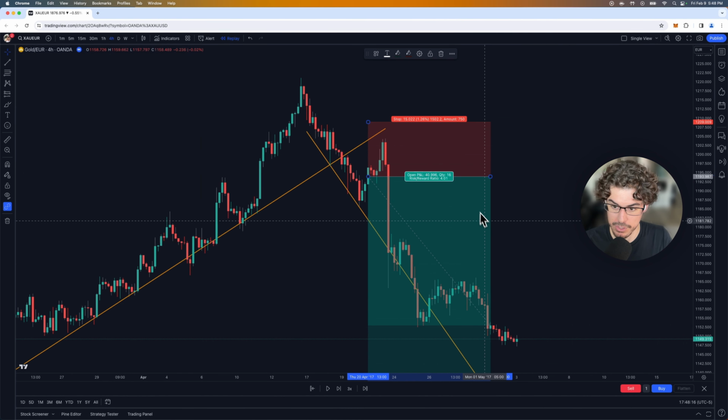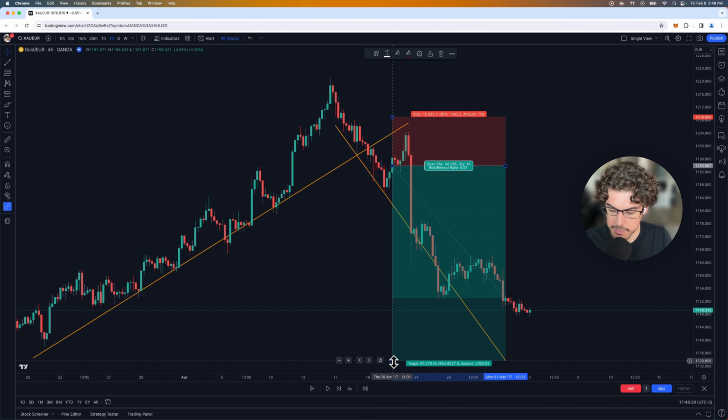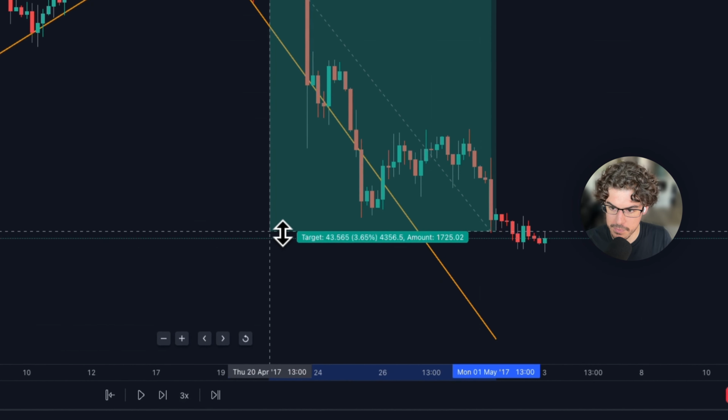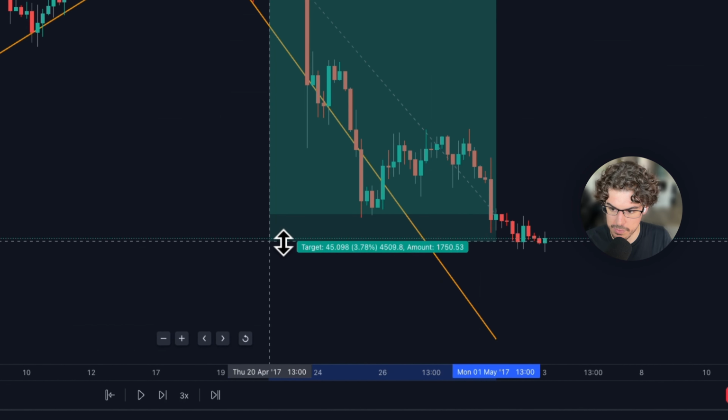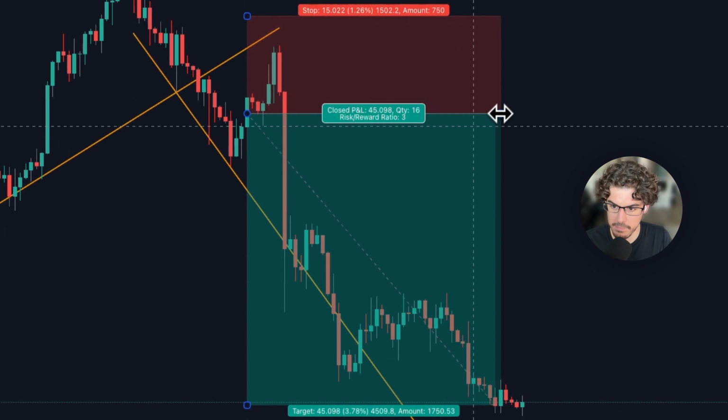But what's a good idea is that this trade right here, as you can see, it's a 4-to-1 risk to reward. So if I would just risk, for example, $100, I would be able to, let's make it a little bit lower, just for this example, yes, like right here.